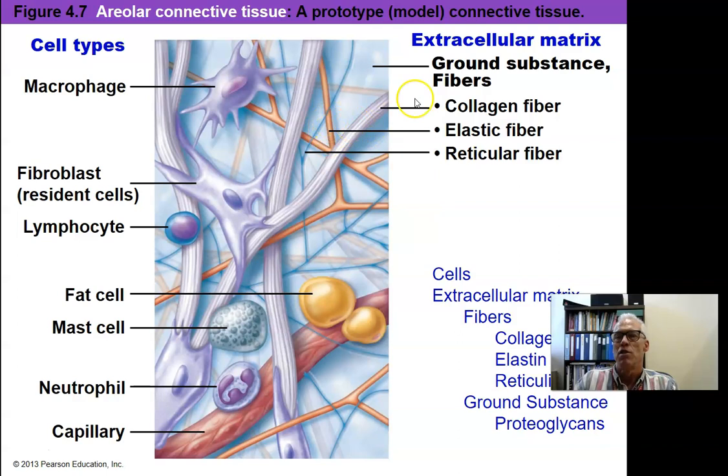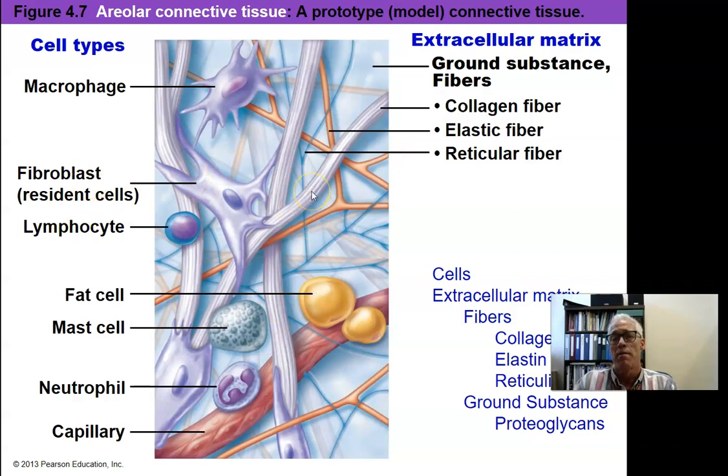Elastin is a protein that makes up these elastic fibers, and the difference is that collagen resists stretch, whereas elastin, when you stretch those fibers, they recoil. Recoil just means that they snap back to their original dimensions, sort of like an elastic thread would do in your garments.